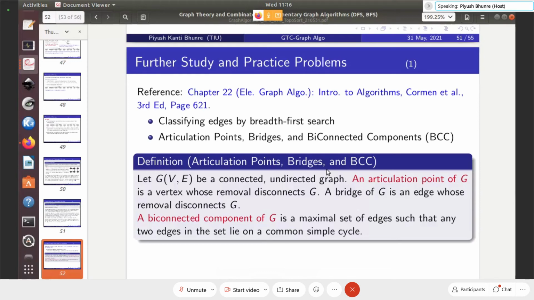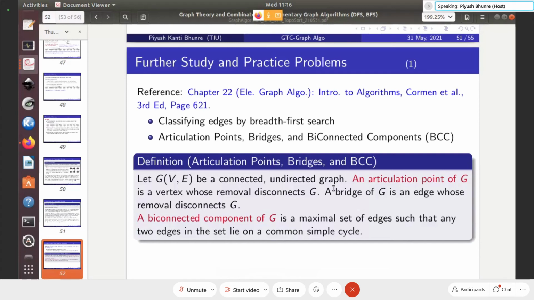And if you remove an edge and G also becomes disconnected, that is called a bridge, because it makes a connection between two important parts of the graph. Okay, so that is called a bridge.